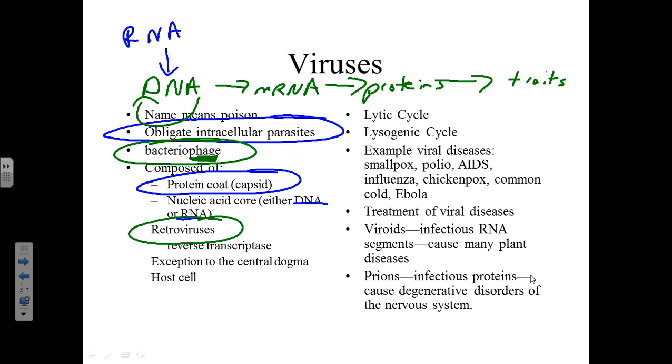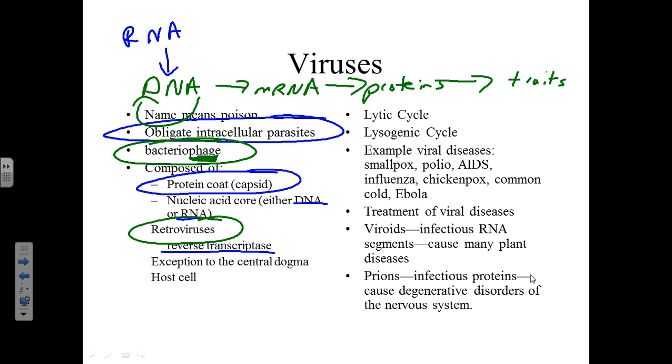RNA to DNA is reverse transcription. There's an enzyme that does that called reverse transcriptase. That process, though, makes a lot of mutations along the way, which makes these kinds of viruses pretty dangerous. They're constantly changing, and our immune system doesn't know how to deal with them.